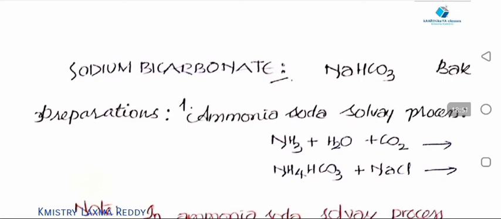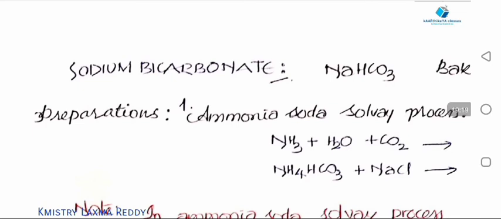Compared to sodium bicarbonate, sodium carbonate is a strong base, and you will be asked a question related to phenolphthalein and methyl orange. Phenolphthalein gives color only with strong bases, so you can expect it with sodium carbonate, not with bicarbonate. But methyl orange you can expect with both sodium carbonate as well as sodium bicarbonate.